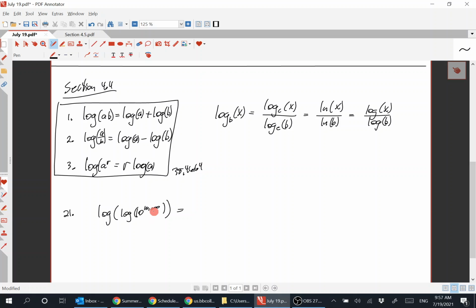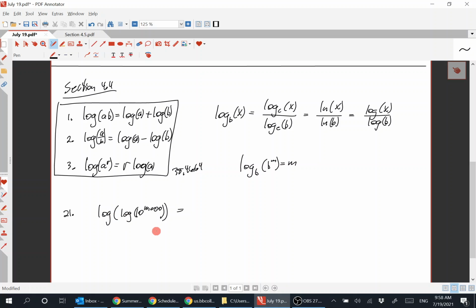Well, the exponent here, one identity to remember about logs was that the log base b of b to the m is m, right? Because the log and the exponential functions are inverses of each other, or you can use this one, the log of a to the r is r times log of a.